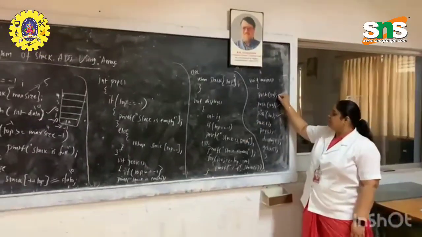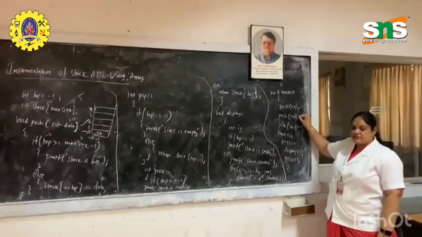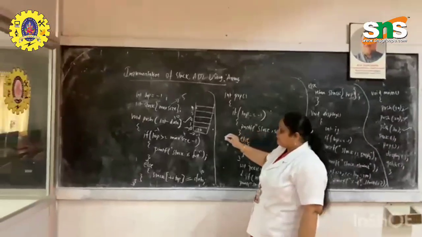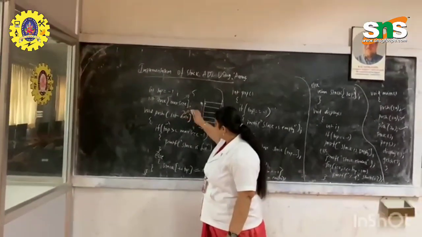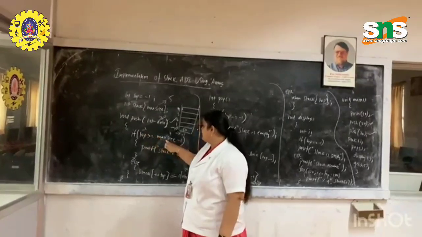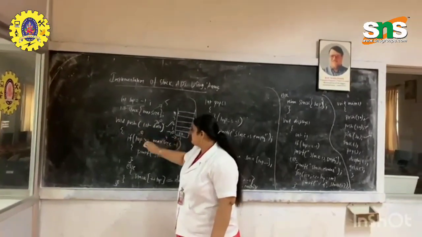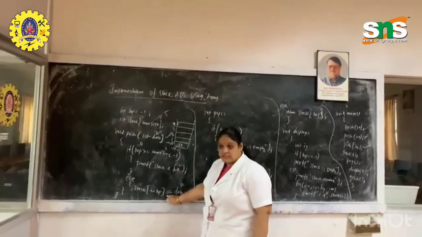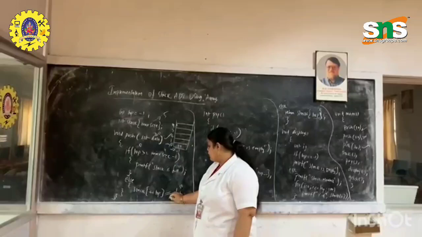We have pushed 10. The next thing is to push 20. So 20 will be copied to data again. Now we check the top value, which is 0. Is 0 greater than or equal to 4? The condition is false, so it comes to the next step, ++top.